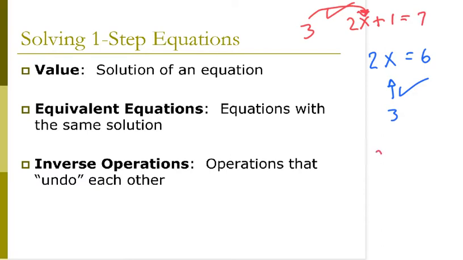So for the equation 2x plus 1 equals 7, and for the equation 2x equals 6, they have the same solution. They have the same value of x that makes them true. We could put the same number where the x is and end up with the same answer. So that means that we're dealing with equivalent or equal equations.